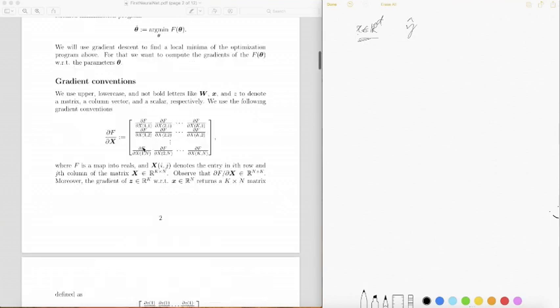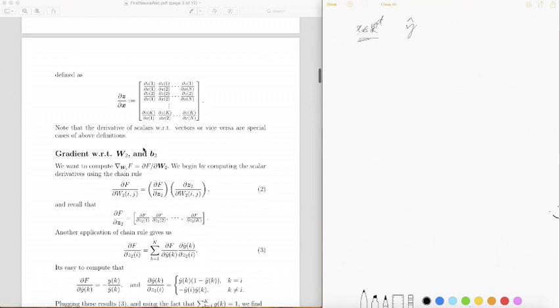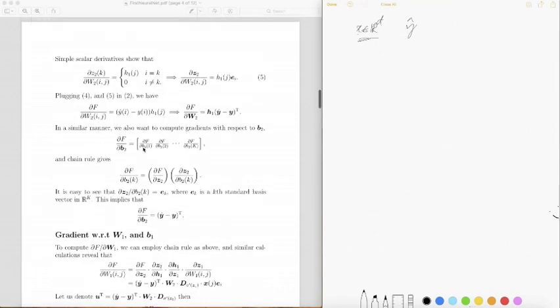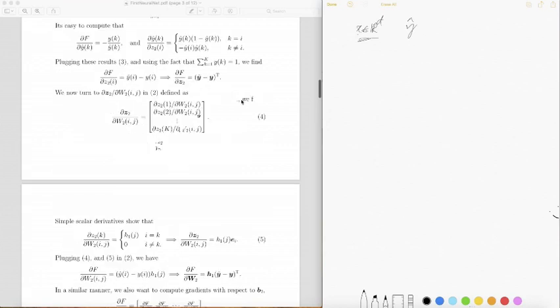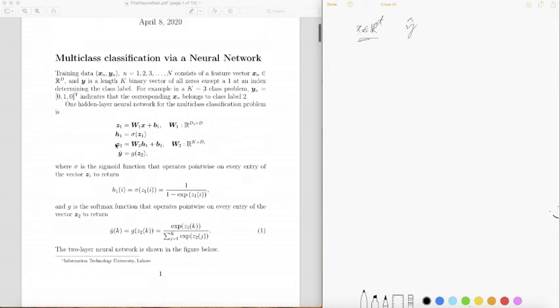Then we defined all these gradient rules, which I won't go over again. And we calculated the gradient, for example, of this cost function f with respect to the weights w. So where does w come in over here? W's are inside this y hat k, and y hat k is related to w1 and w2 through this set of equations.